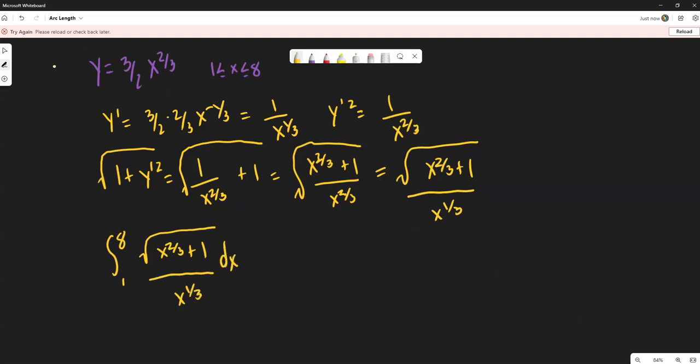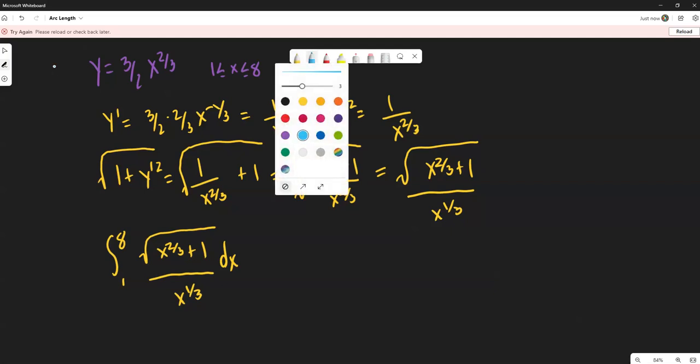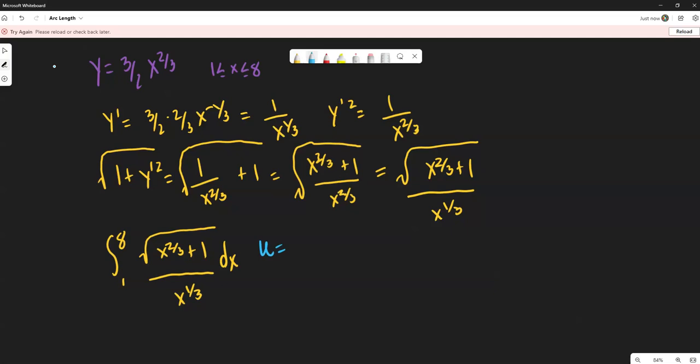What this does for us is that it tells us that we can solve this using u substitution. If we want to use u substitution, we can say that u equals x to the 2/3 plus 1, and that du equals 2/3 x to the negative 1/3 dx.